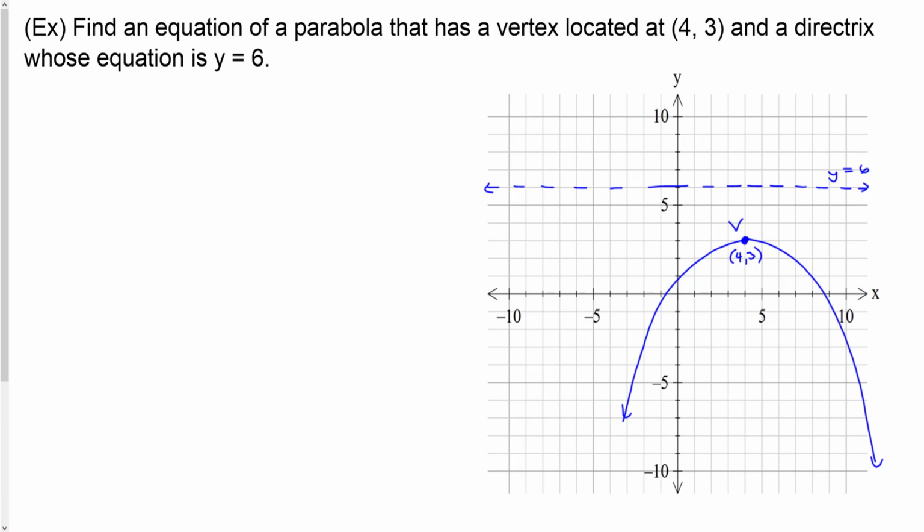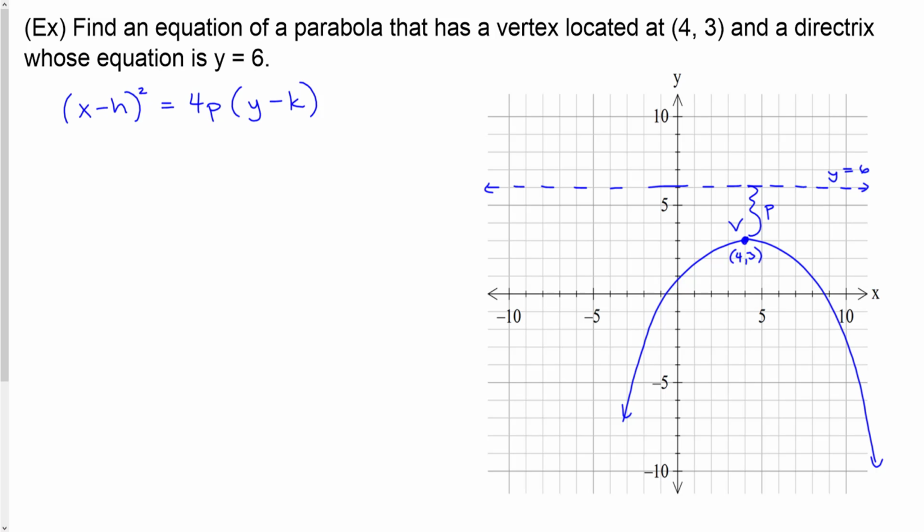So because it's opening downward, that means the equation of this parabola is going to be of the form x minus h squared equals 4p times y minus k. And I already know what h and k are. Those were given as the vertex. So I just need to find p, which is the distance between the directrix and the vertex.